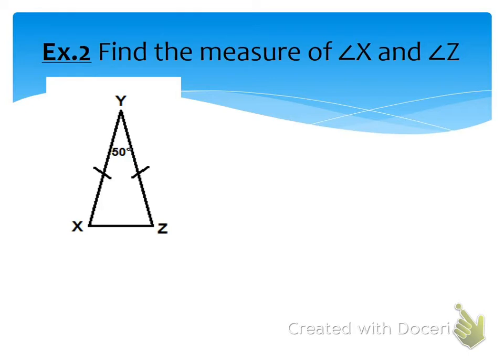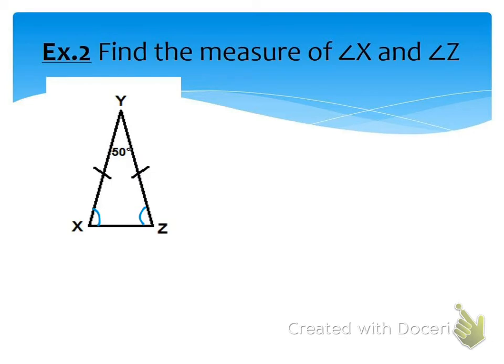Find the measure of angle X and angle Z. What do we know about the measures of angle X and Z just based on the diagram? They're congruent because the sides opposite them are congruent. We know that those two angles have to be congruent to each other, so how are we going to figure this out?